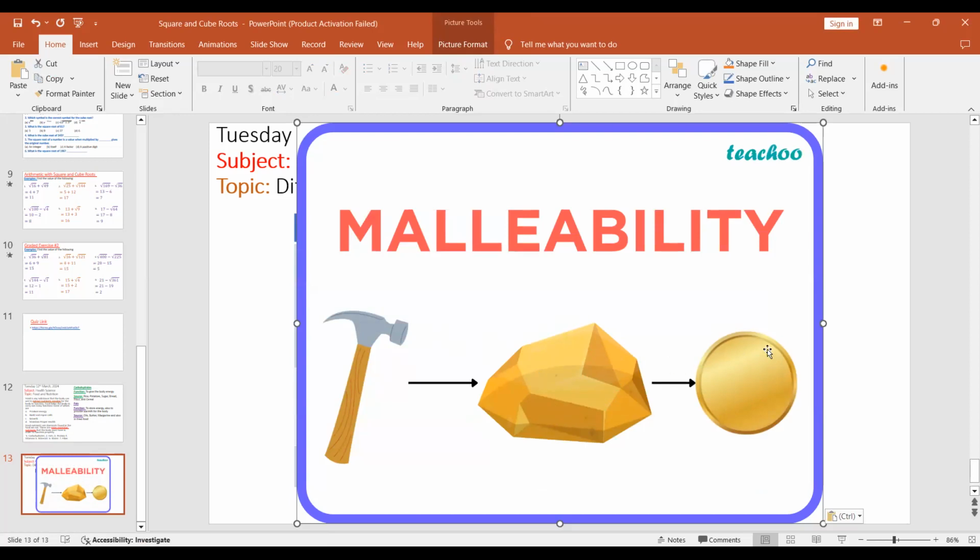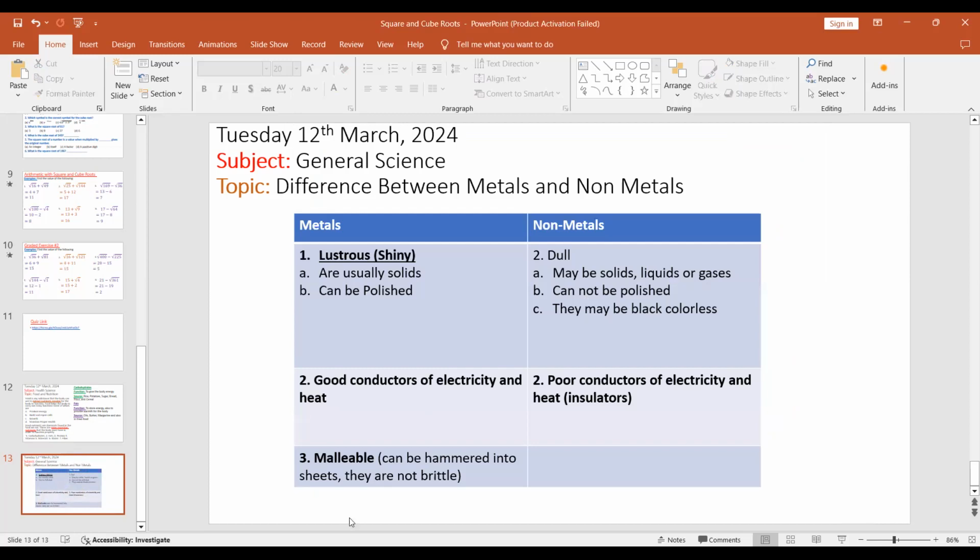We could form it into a sheet, a penny or a coin, right? That's what we mean by malleability. When something is malleable, it can be hammered into a sheet. It's the ability of a substance to be hammered or rolled into thin sheets, right?